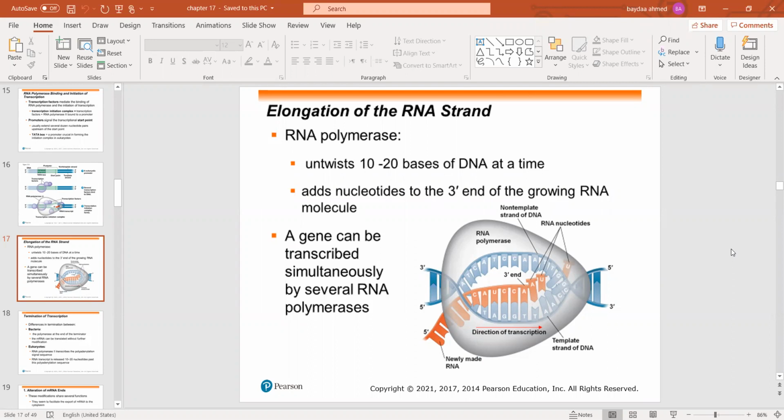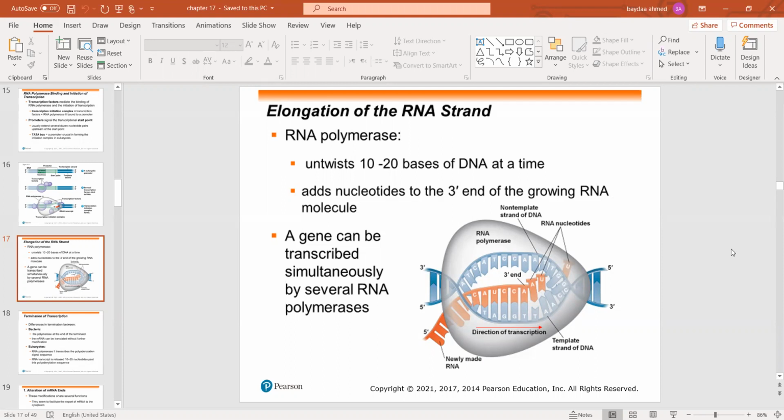As transcription proceeds, the newly synthesized RNA molecule behind the RNA polymerase peels away from its DNA template and the DNA double helix reforms. Transcription progresses at a rate of about 40 nucleotides per second in eukaryotes.